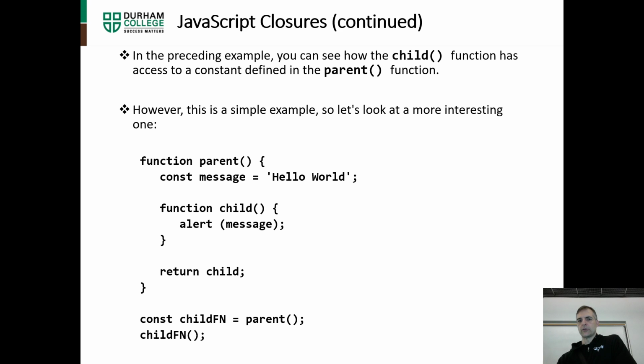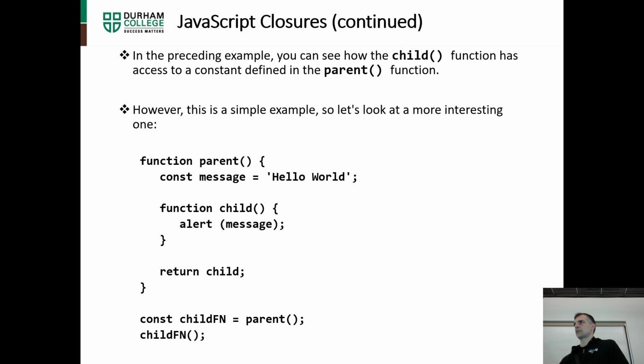Notice we can also do this, the idea of this child function equals the parent, right? I can point one function at another. Even though the parent function itself is a named function called parent, I can create another variable, a constant in this case, that points to, with the equals operator, that parent function.